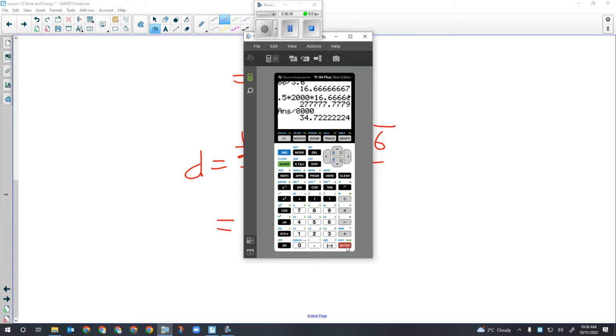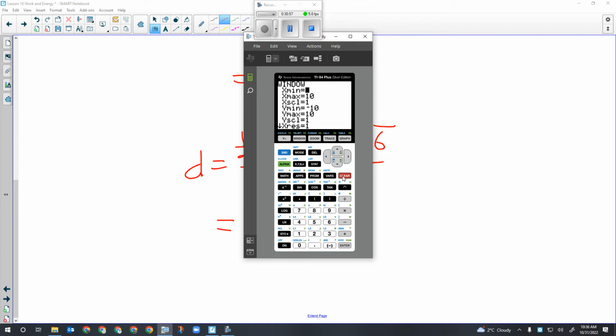Okay? Think about this. Exponentially more energy means exponential change in stopping distance. It doesn't take much before your stopping distance is really, really big. And remember, I said this was going to be how many times bigger than the first one?